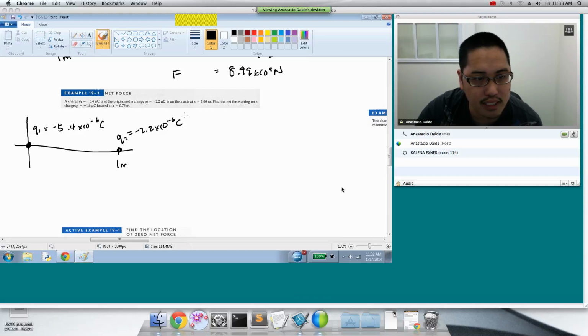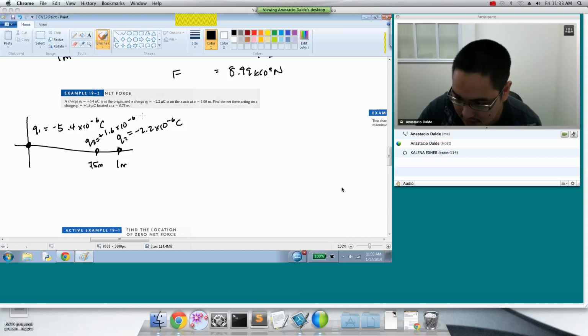Find the force acting on a charge Q3 that is at 0.75 meters. Q3 equals positive 1.6 times 10 to the negative 6 coulombs.